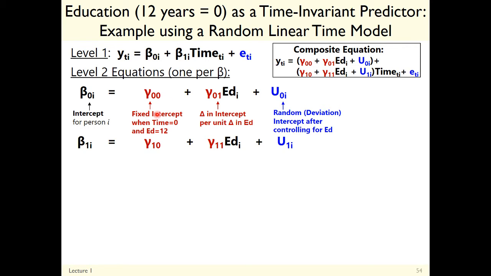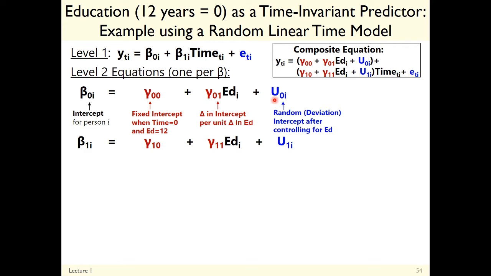So it's doubly conditional. This fixed effect right here, this gamma 01, that is the change in the intercept per unit change in education. So this is the main effect of education. Main effects always adjust the intercepts. U0 then used to be the difference between the fixed intercept and my intercept.